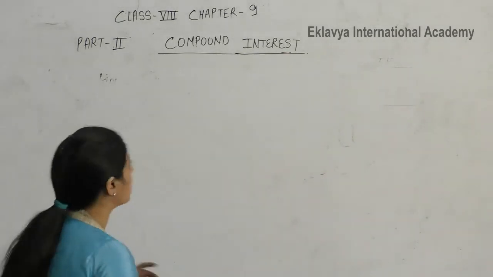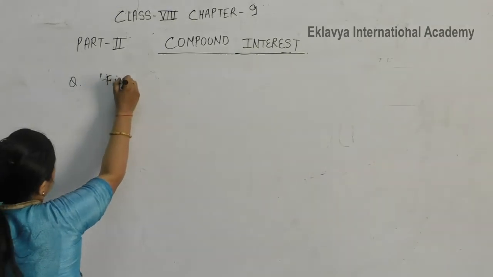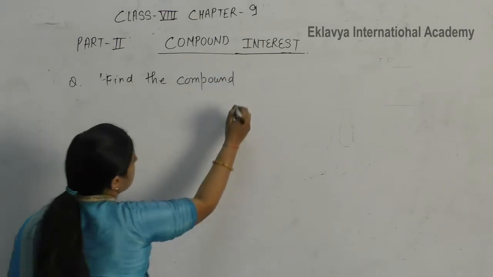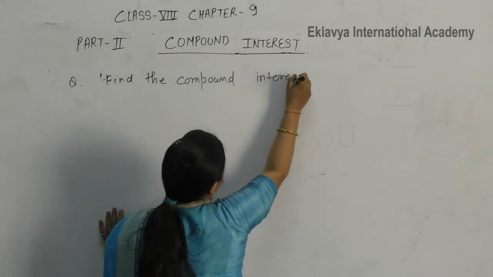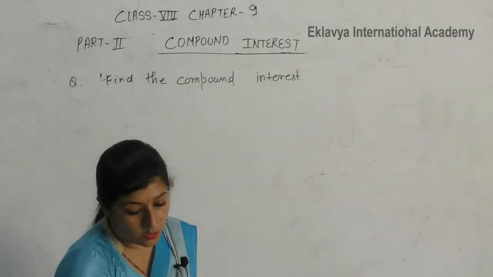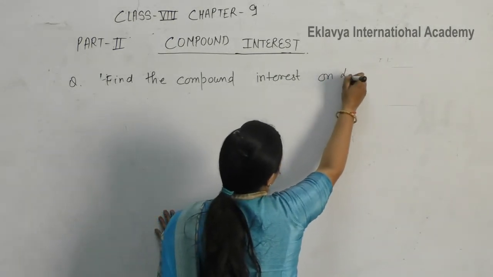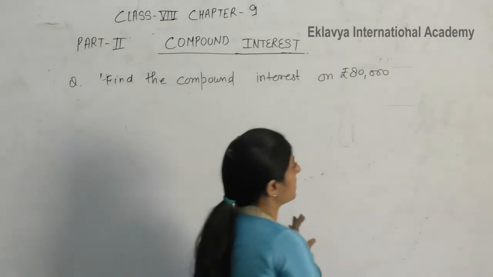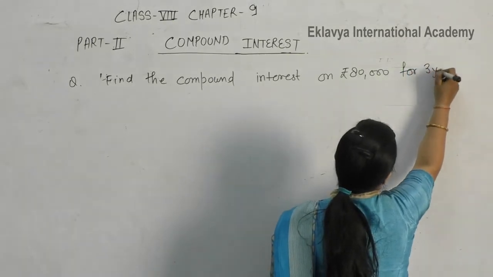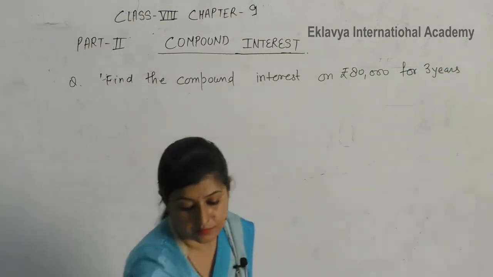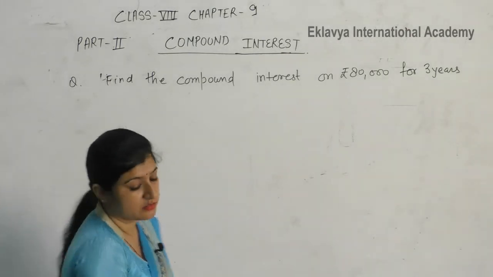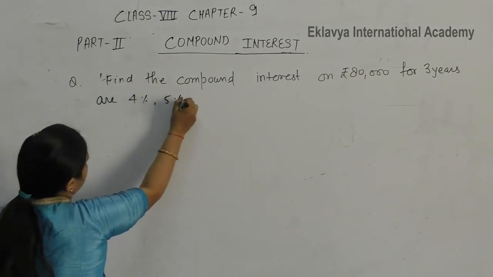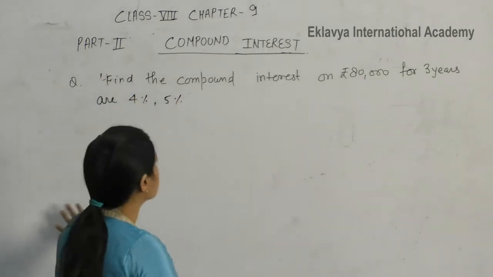Find the compound interest on rupees 80,000 for 3 years if the rates are 4%, 5% and 10% respectively.